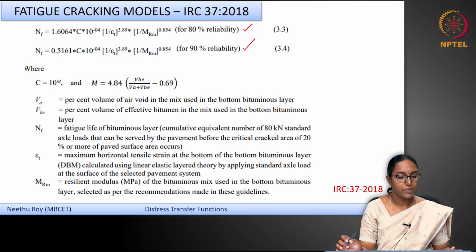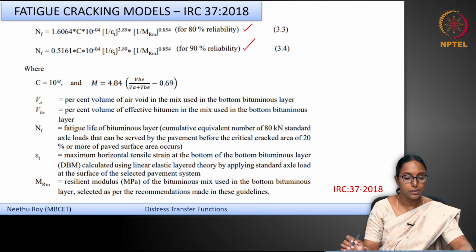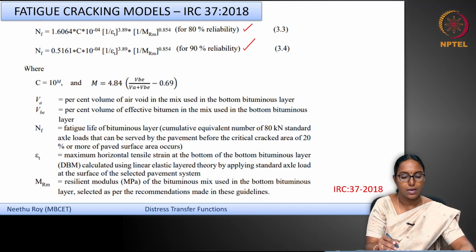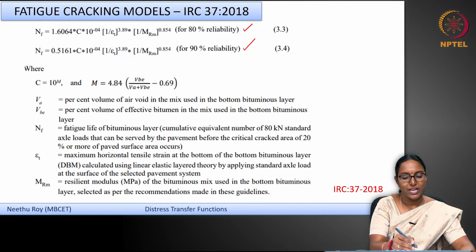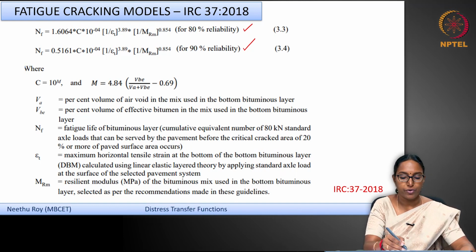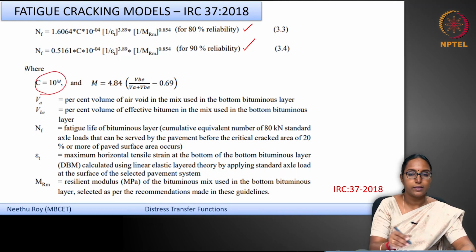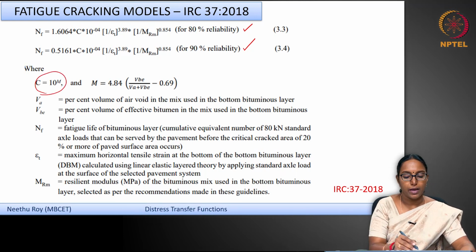Let us see what the coefficients are in this fatigue equation. NF is given as a coefficient into C, and 1 by epsilon t raised to a coefficient, and 1 by MRm raised to a coefficient. What is this C? C is represented as 10 raised to m, where m is equal to 4.84 (VBE by VA plus VBE minus 0.69).